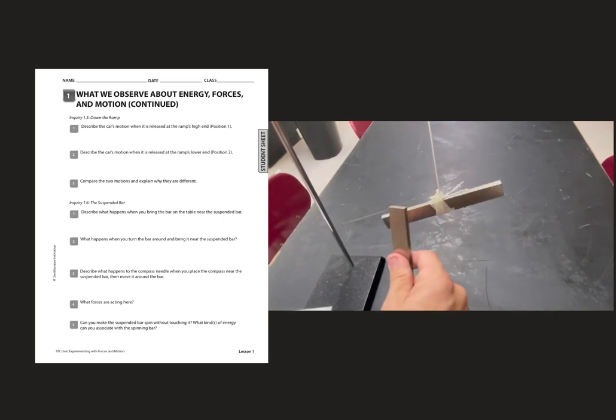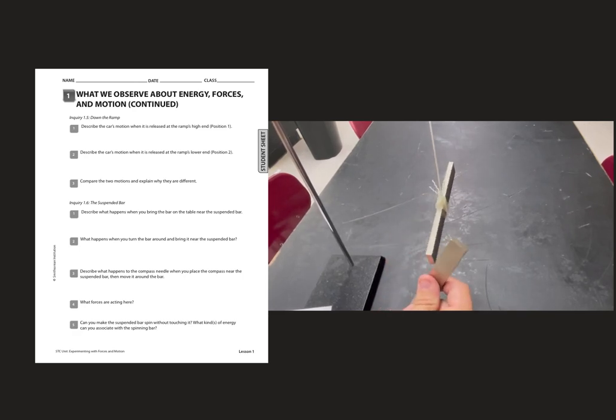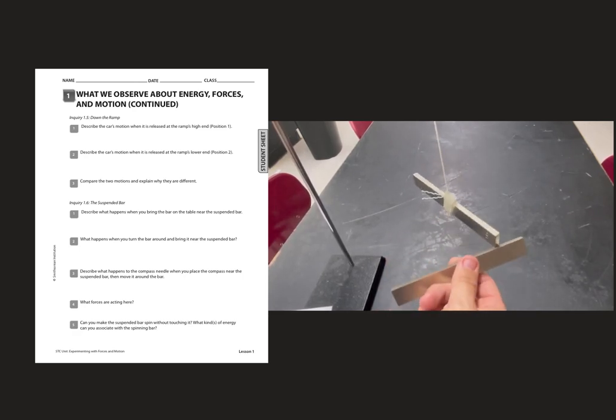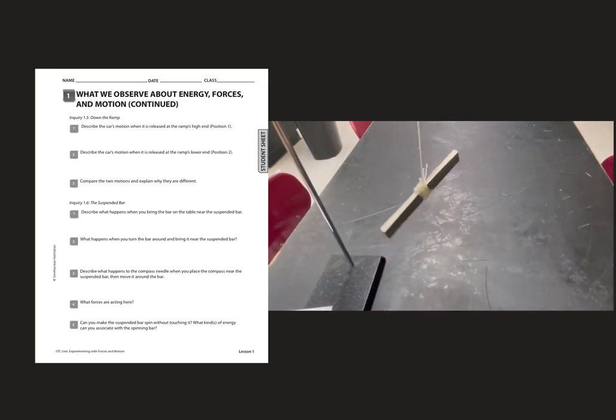And you can also make it do the other thing. Make it where it attracts too, if you turn it around. All right, so the answer would be yes, but explain what kinds of energy you can associate with the spinning bar. So put your answer down there.